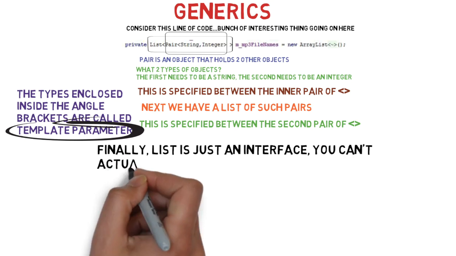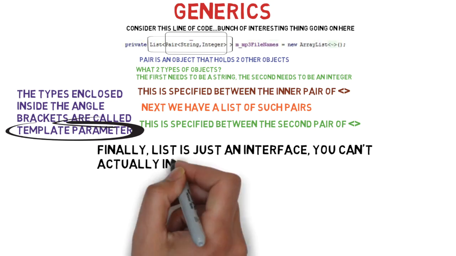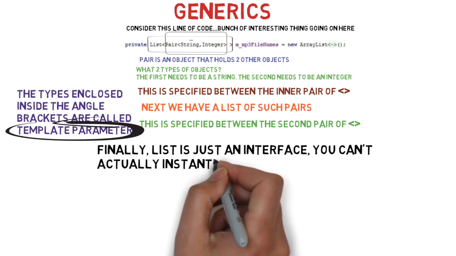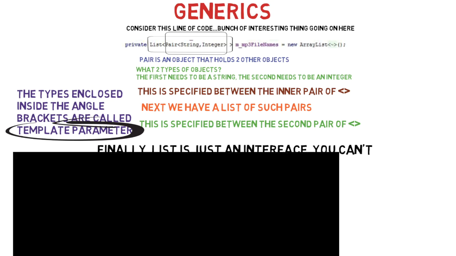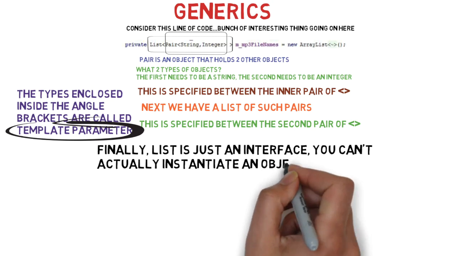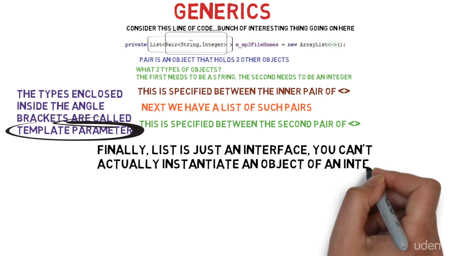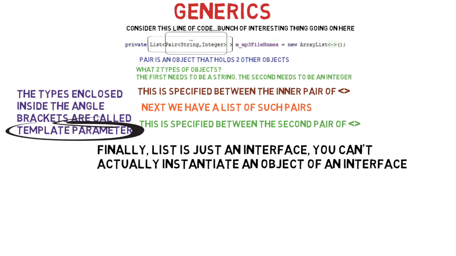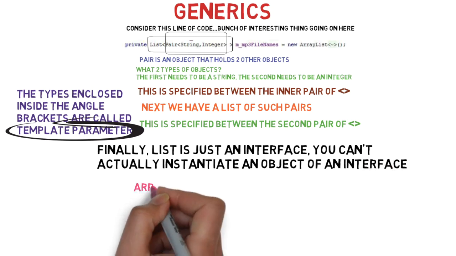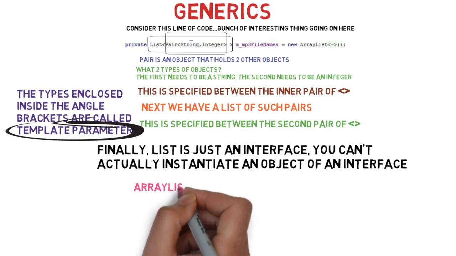It's important to get these terms exactly right, because when I use them later, you need to understand what they actually are. So we have a list of pair of string and integer.